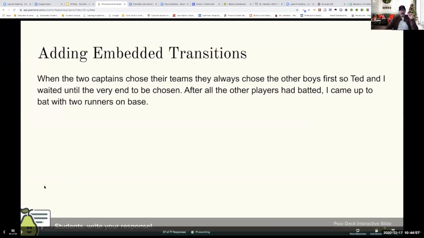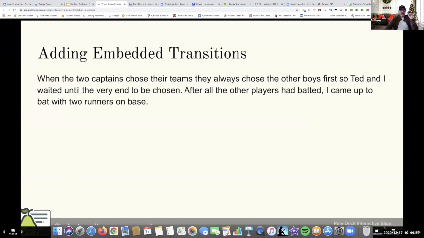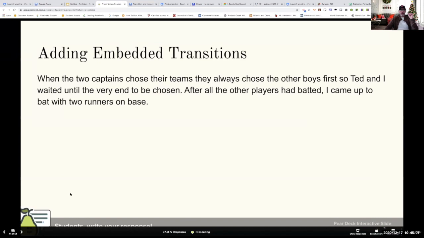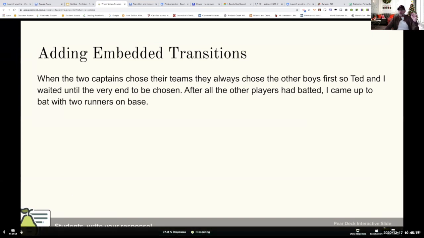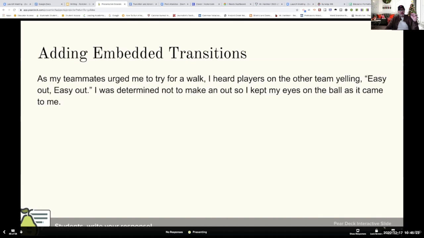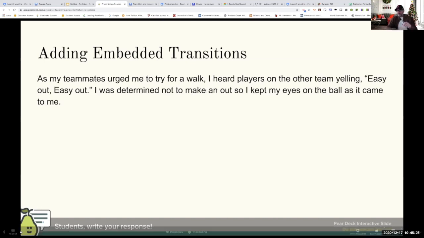You just have to look at a few of these to get your bearings. The main thing, the whole point of transitions, is just to move your story forward. So don't overthink it too much. I'm just doing this as an exercise to get us acquainted. So let's try this section here.